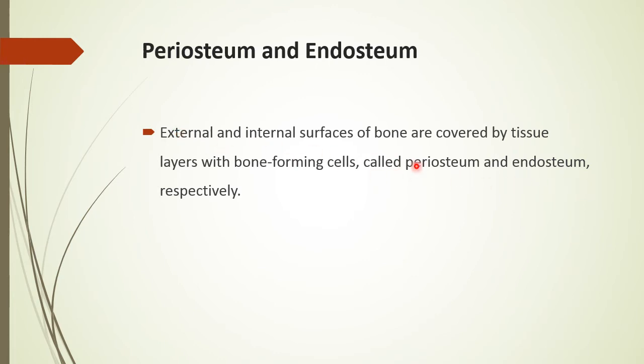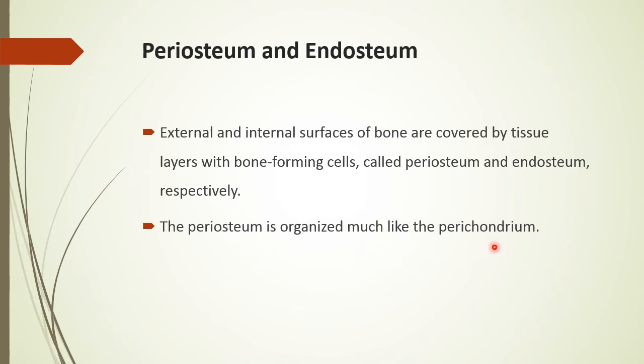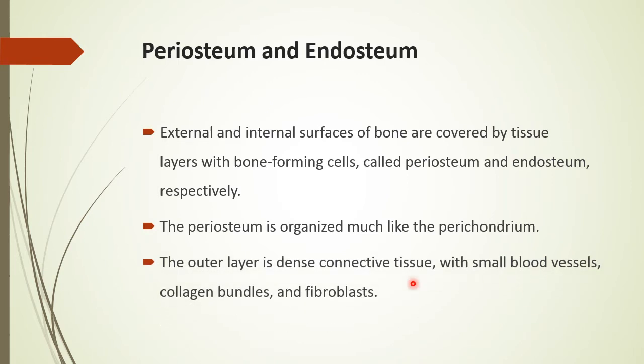The external surface is covered by periosteum, the internal surface is covered by endosteum, and both tissue layers have bone forming cells. The periosteum is organized much like the perichondrium. The periosteum has two layers, outer layer and inner layer. The outer layer is dense connective tissue with small blood vessels, collagen bundles, and fibroblasts.